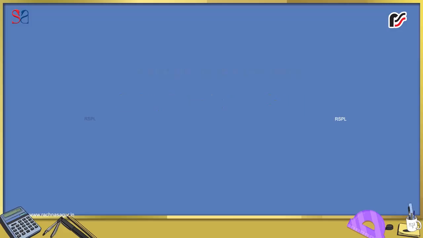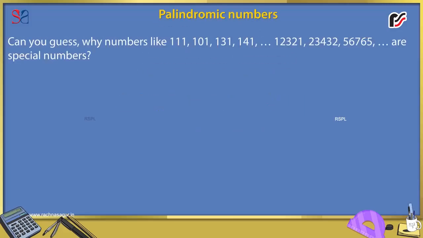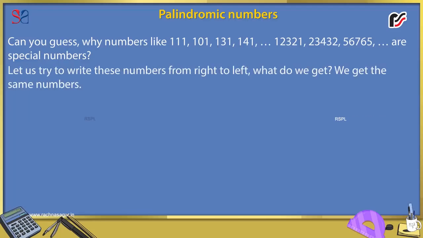Palindromic numbers. Can you guess why numbers like 111, 101, 131, 141, 12,321, 23,432, 56,765 are special numbers? Let us try to write these numbers from right to left.